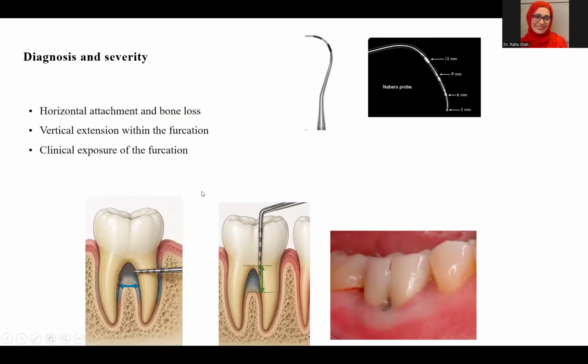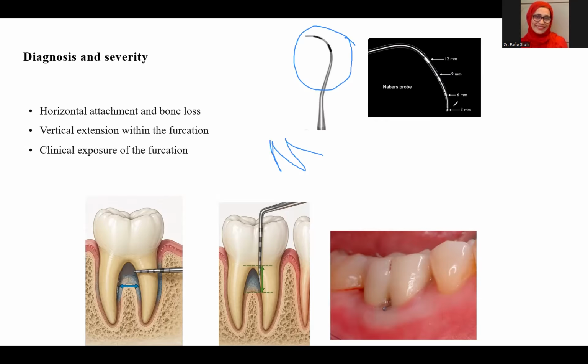So first we need to diagnose the severity of furcation. How will we diagnose the severity clinically? Clinically, we see it via this probe that is called Nabers probe. And this Nabers probe has some markings present at 3 millimeter intervals.